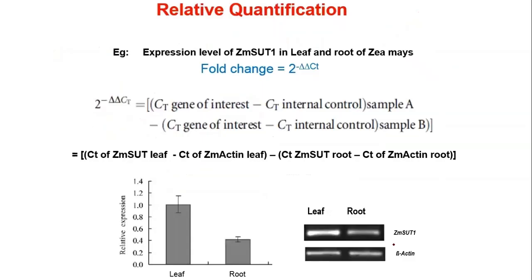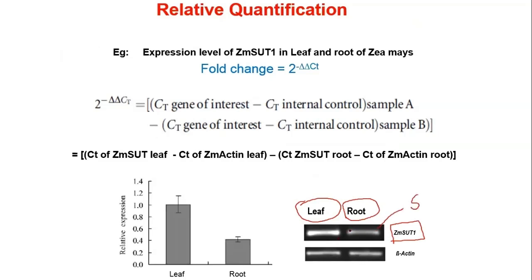Now, there is something called relative quantification. In relative quantification, we can find out the expression level of gene A as compared to gene B in a given tissue. Here, you can say what is the level of expression of sucrose transporter 1 in leaf and root. We can do this in semi-quantitative PCR.